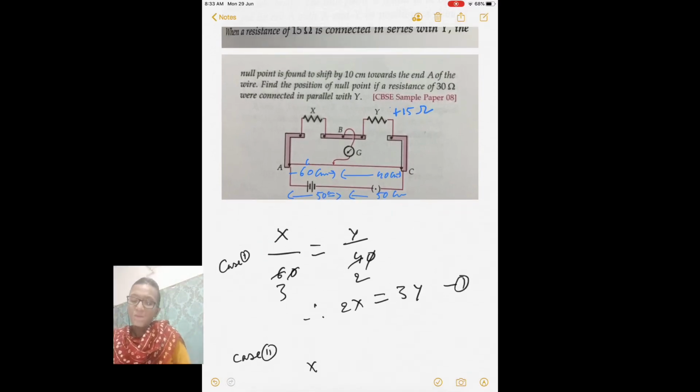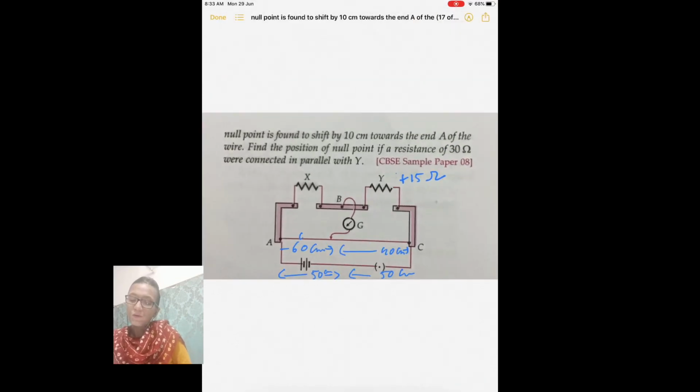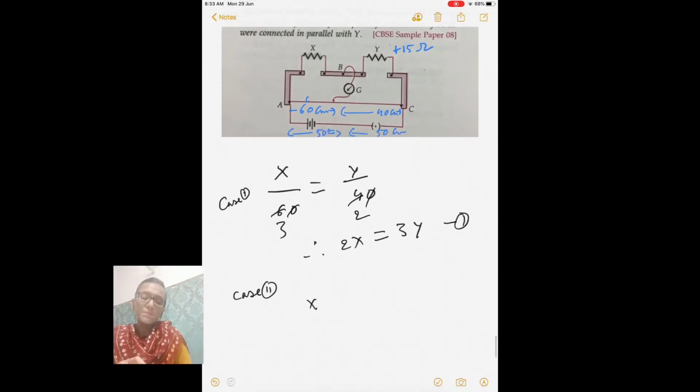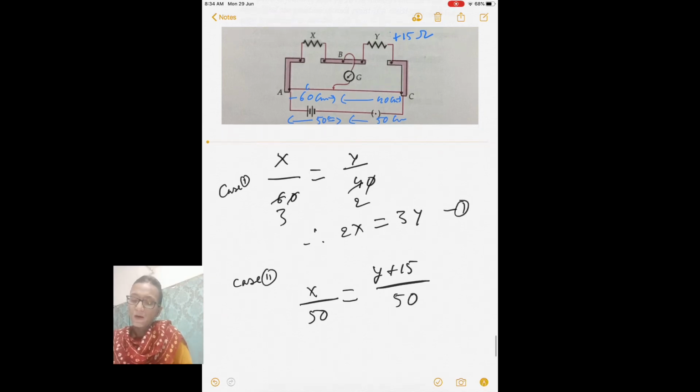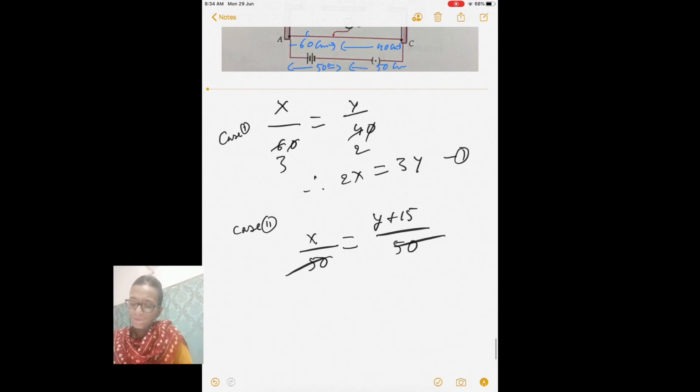So let me frame equations. For the first case, x upon 60 is equal to y upon 40. On simplifying, we find that 2x is equal to 3y. This is equation number 1. Now I am framing the second equation. When x divided by 50 is equal to (y plus 15) divided by 50.